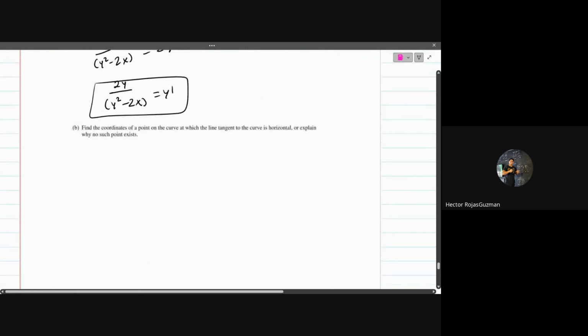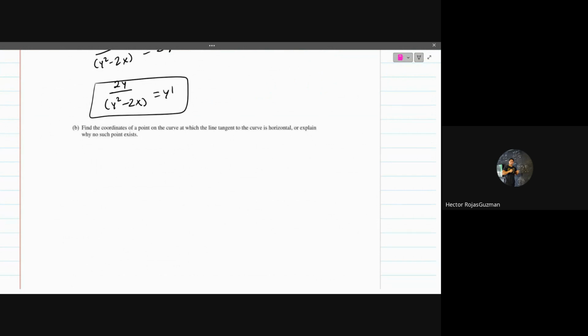Okay. B. Find the coordinates of a point on the curve at which the line tangent to the curve is horizontal, or explain why no such point exists. Okay. The key thing right here is that we want to find the coordinates of a horizontal line. And what do we know about horizontal lines? We know the slope is 0.